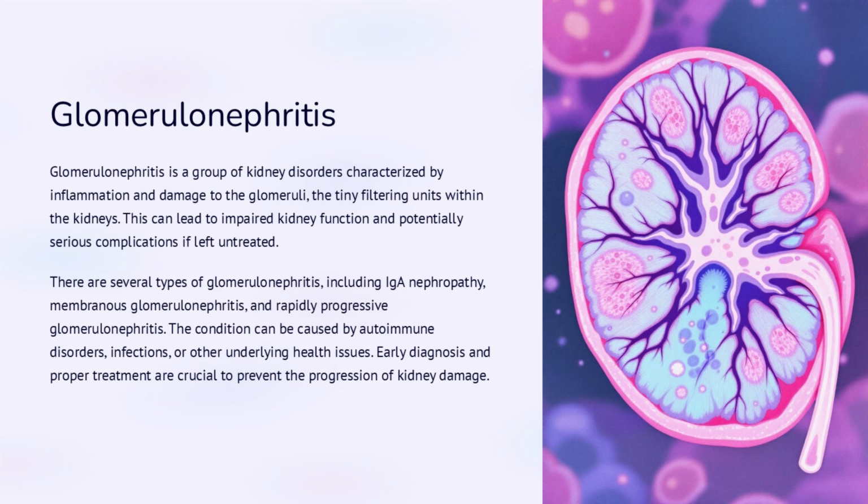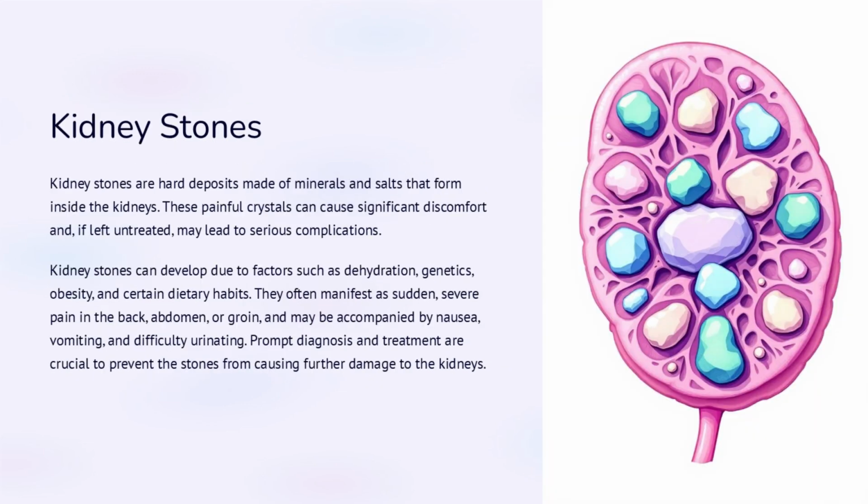Glomerulonephritis can be caused by autoimmune disorders, infections, or other underlying health issues. Early diagnosis and proper treatment are crucial to prevent the progression of kidney damage. The image on the right provides a detailed illustration of the glomeruli in the kidney, showing the inflammation and damage caused by this condition.